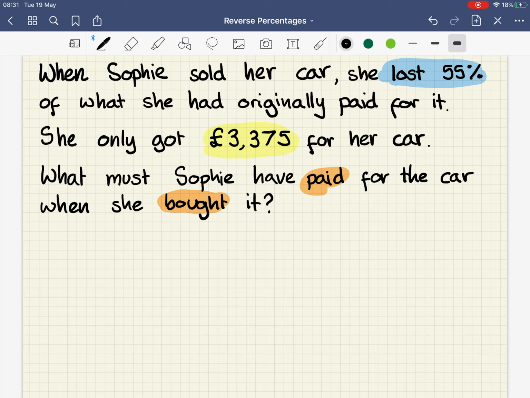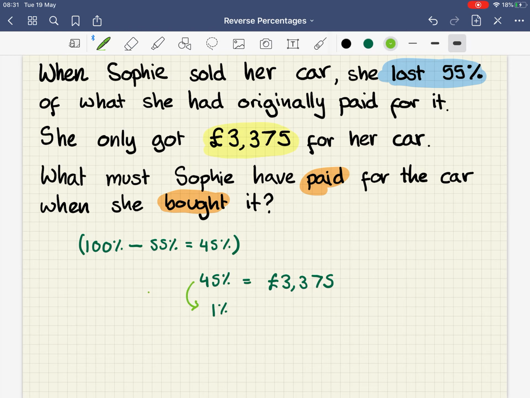So the first thing, she lost 55%. So remember, we always start at 100%. And because she lost, we're going to take away. So that's going to equal 45%. So that's what we're working with. So 45% is going to equal the amount that she actually sold it for. Then I want to go down to 1%. So I've got to divide this side by 45.